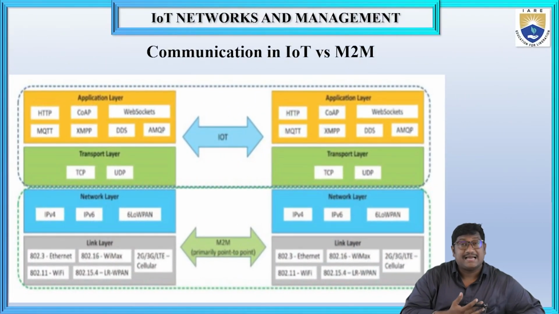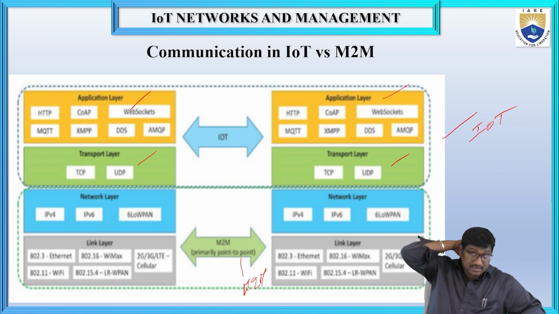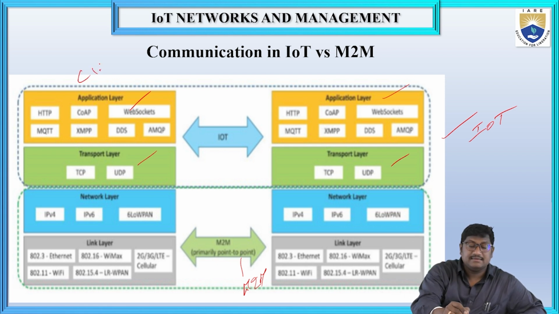And what are the different types of communications which exist in IoT and which exist in machine to machine? The above diagram shows you IoT, and this one shows you machine to machine. If you observe IoT first, in this we are having four different layers: application layer, transport layer, and the same on the right side also, both client and server, right?